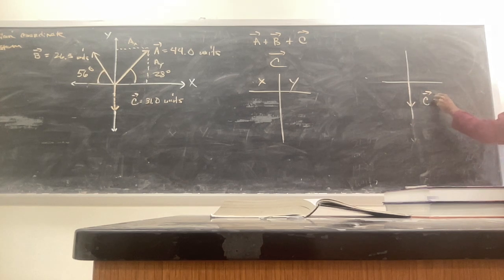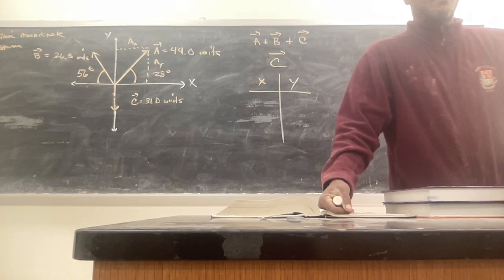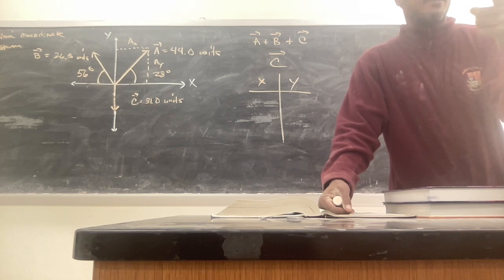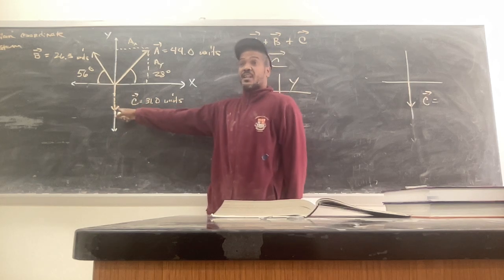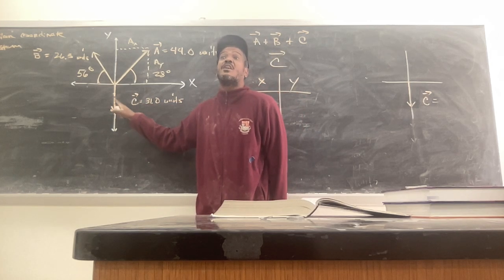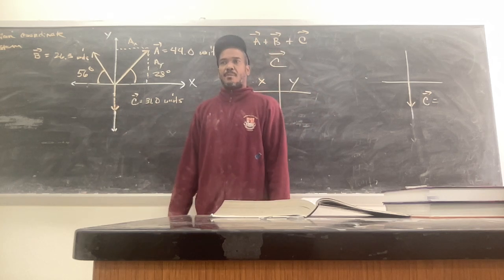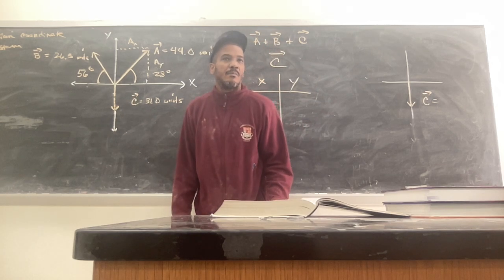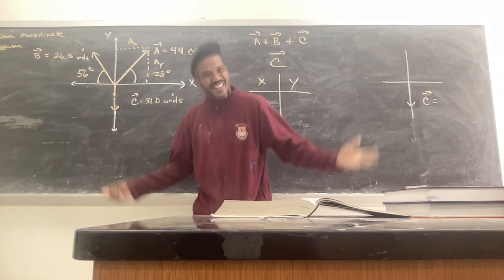All right. So remember what we said the components are. Repeat to me what they are in words. What are components? They tell us how far the vector is going in each direction. So what's the x component of vector C? Exactly.